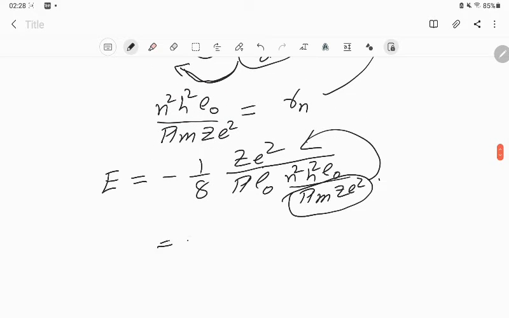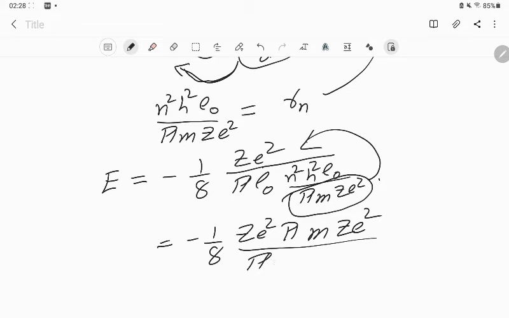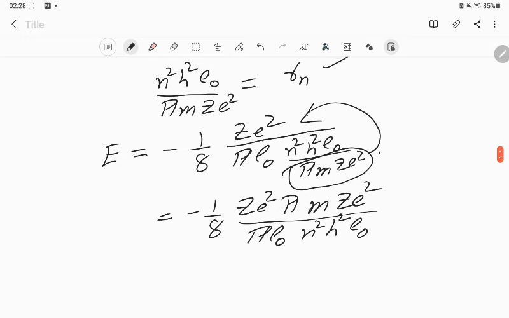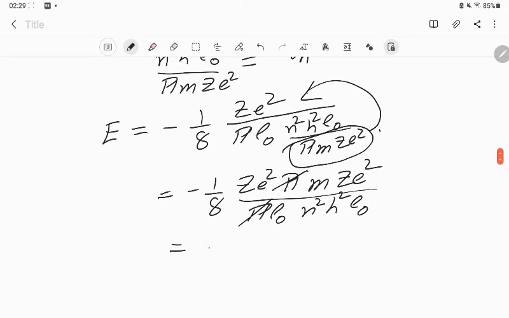Minus 1 by 8 Z e squared pi m Z e squared divided by pi epsilon naught n squared h squared epsilon naught. So now cut whatever you can cut. This pi and this pi will cancel.